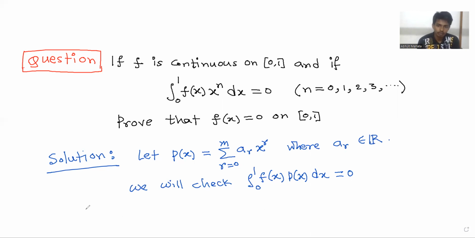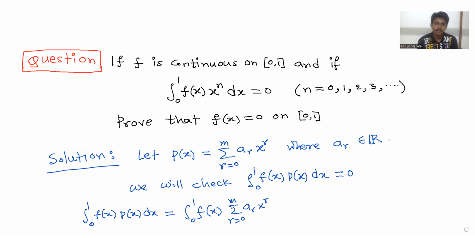Let's write down the integration from 0 to 1 of f(x) times the polynomial p(x) dx. This equals the integration from 0 to 1 of f(x) times p(x), and p(x) is the summation r equal to 0 to m of a_r x to the power r, dx.